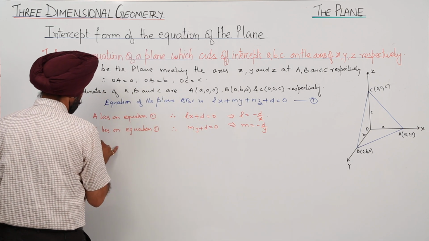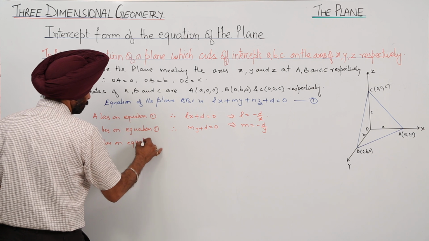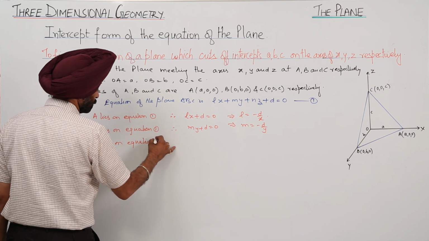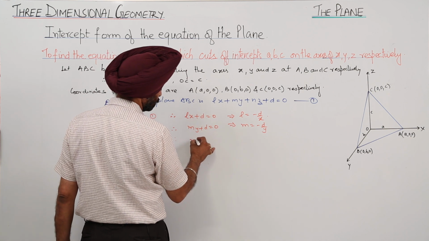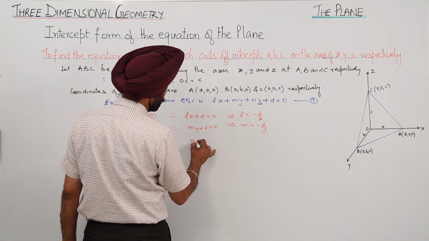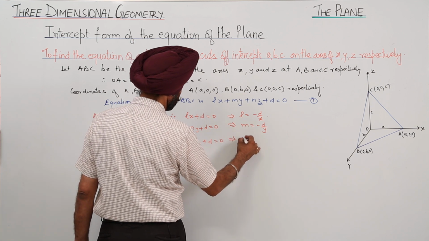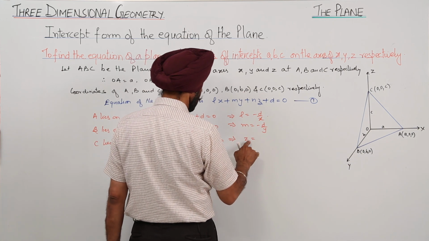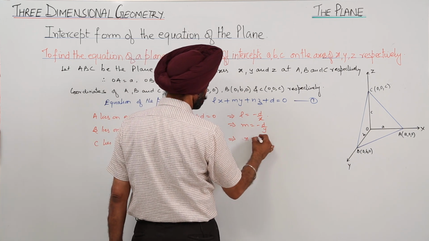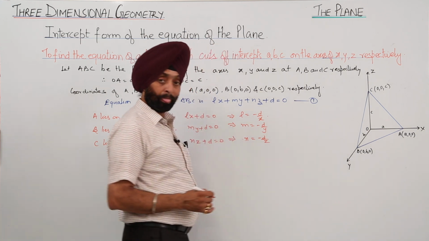And C lies on equation 1. Therefore, Nc plus D is equal to 0, and this implies N is equal to minus D upon c.